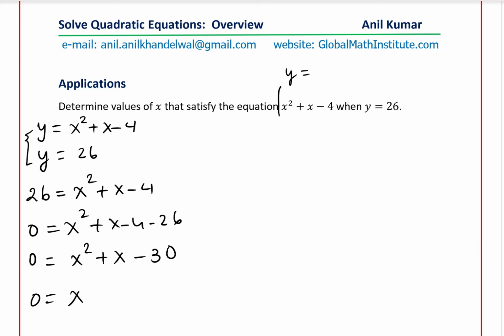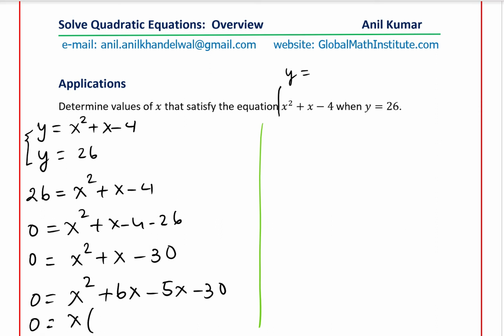So it gives you x squared plus 6x minus 5x minus 30, which could be factored. You could have written directly also the factored form, but now we'll go the long way. We can take x common, x minus 6, and here minus 5 is common. We get plus 6 and x plus 6.